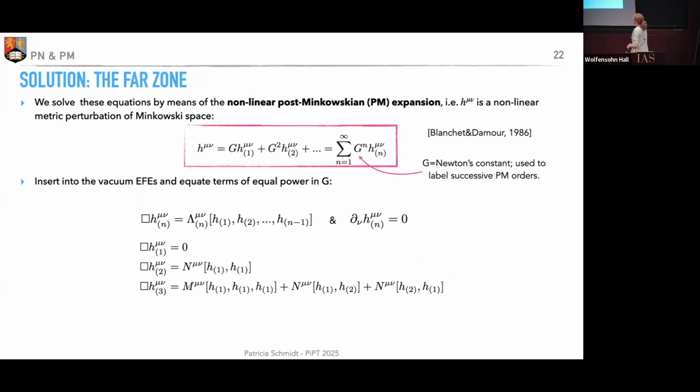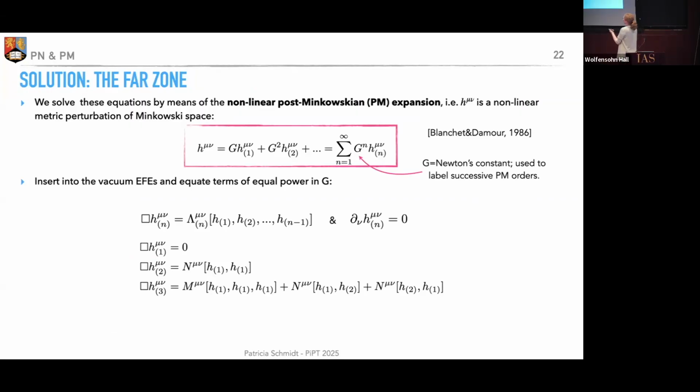So it turns out that one can show, if you go to the classic paper by Blanchet and Damour, that you can solve this equation in a so-called non-linear post-Minkowskian expansion. And post-Minkowski here means, as you would think, you perturb Minkowski space order by order in terms of this gravitational field amplitude tensor h mu nu.